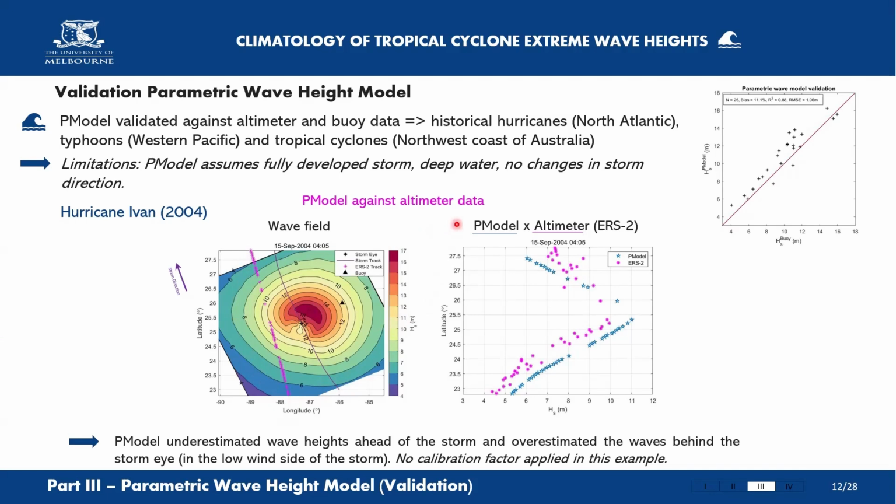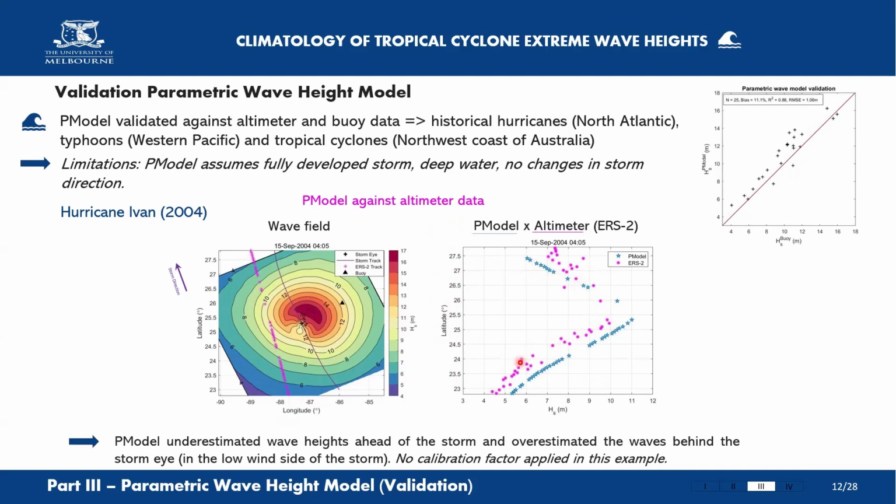On the right, we have the HGS measured by the altimeter in magenta for each track of the altimeter. And we have the HGS calculated by the parametric model for each track point of the altimeter.